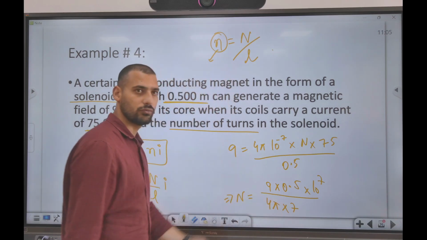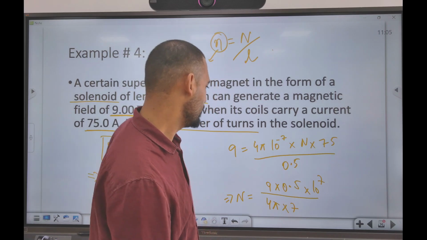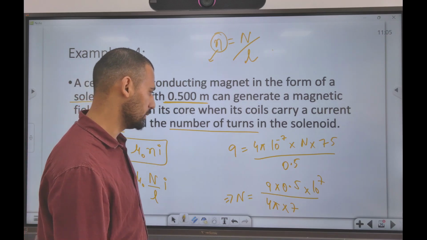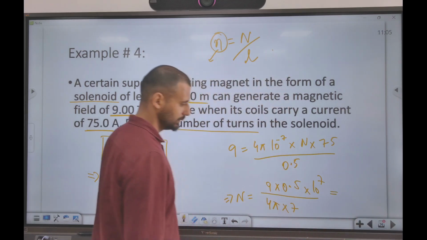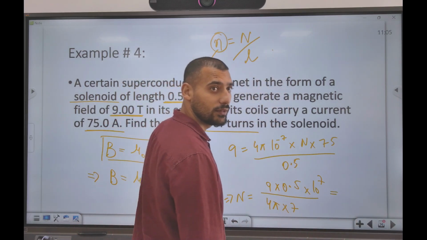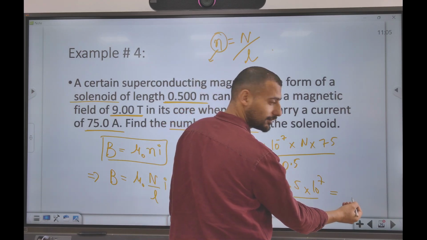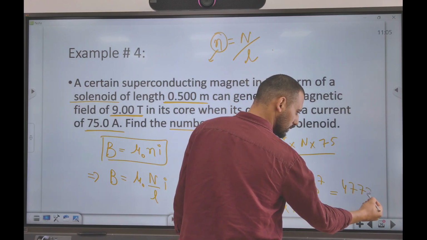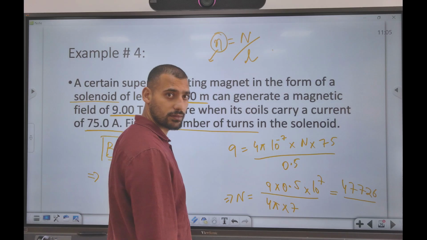Yes, give me the value. 4.5, so this is 40? No. What is it? 47,700. 47,700? 46. 46? Yeah.